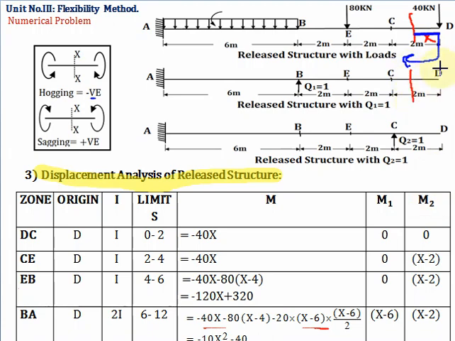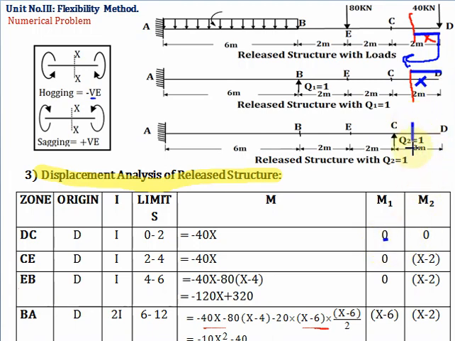We are measuring this X from D, so this total distance is X. Now here in the portion DC, there is no load, so the value of M1 will be equal to 0.